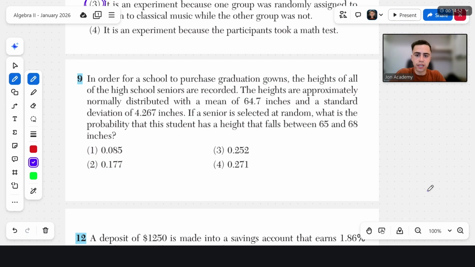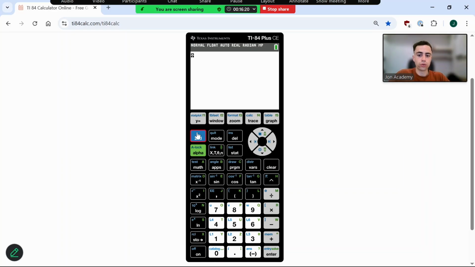Jumping into question number 9. This one is gonna be a stats question and we are gonna be using the calculator for it. So let's jump into that. So once here we have to go into second, distributions, go into the second option, normal cumulative distribution, and we have to set up these numbers.